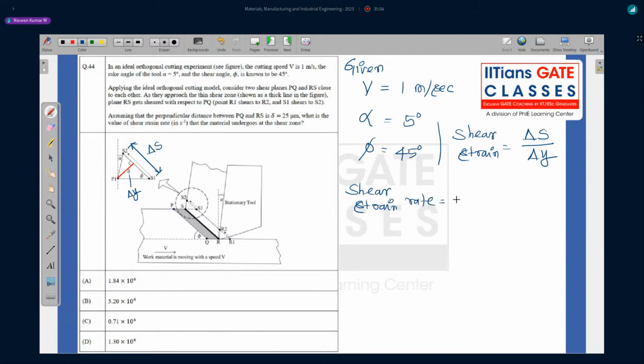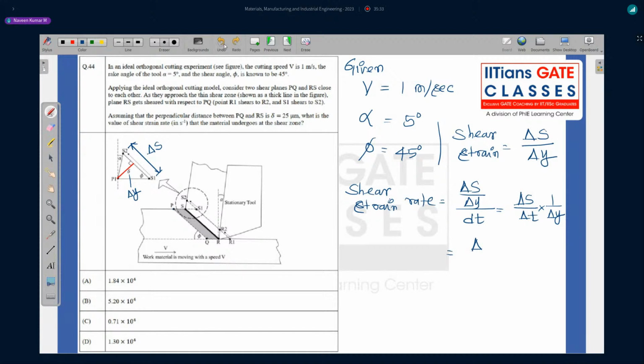Shear strain rate is equal to, rate means divided by time, so I can say delta S by delta Y divided by some small time dt. Here, instead of delta Y, they're writing delta. So I can write this as delta S by t divided by delta.